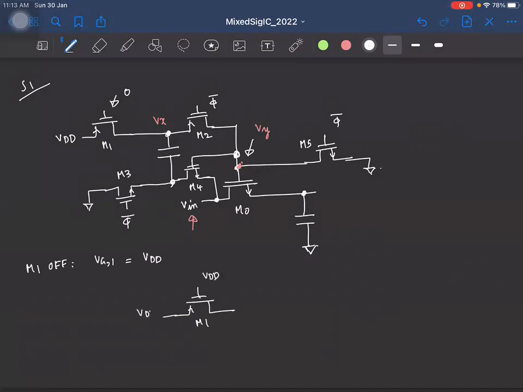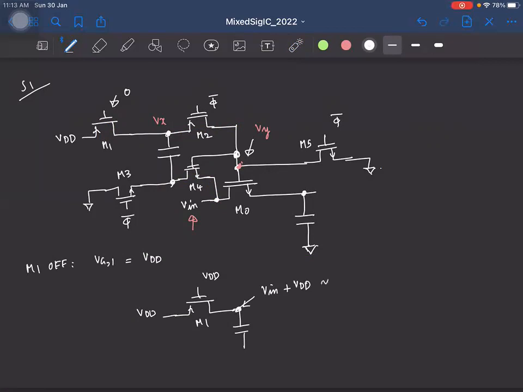And this left side is VDD. So when this switch is off, what happens? This switch is on, okay? And this switch is also on. So the top plate of the capacitor, that is the voltage Vx, will be connected to Vin plus VDD, right? So this will be at this voltage Vin plus VDD.